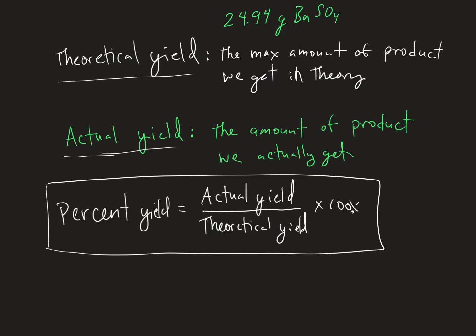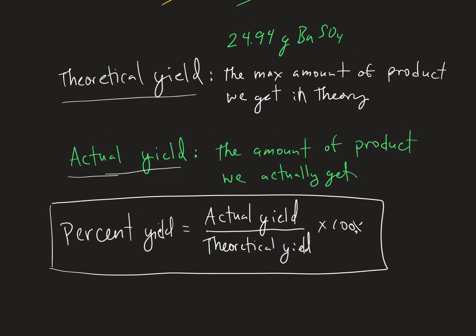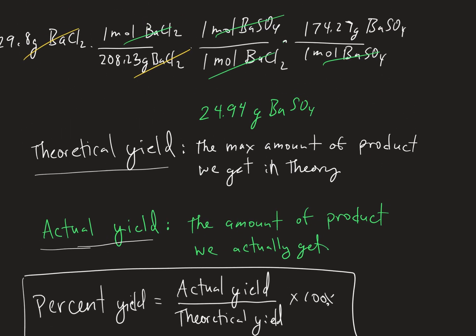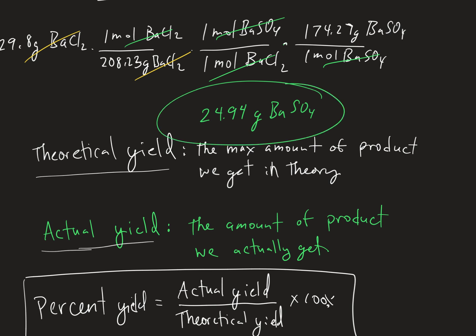So let's say in lab I got 20.5 grams of barium sulfate. That's how much I actually got in the lab. In theory, I should be able to get this amount.